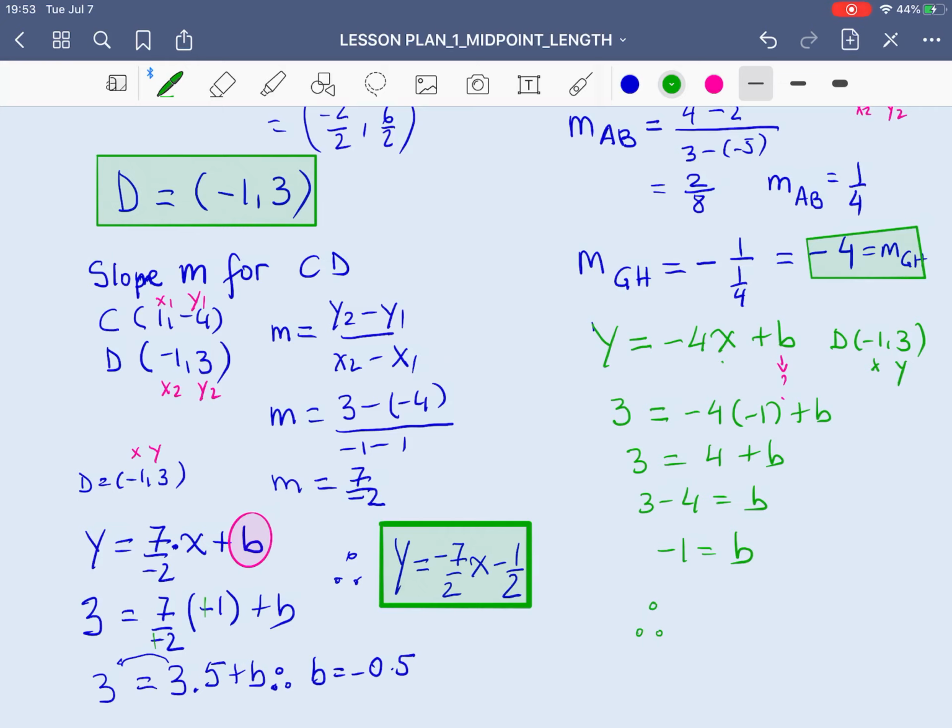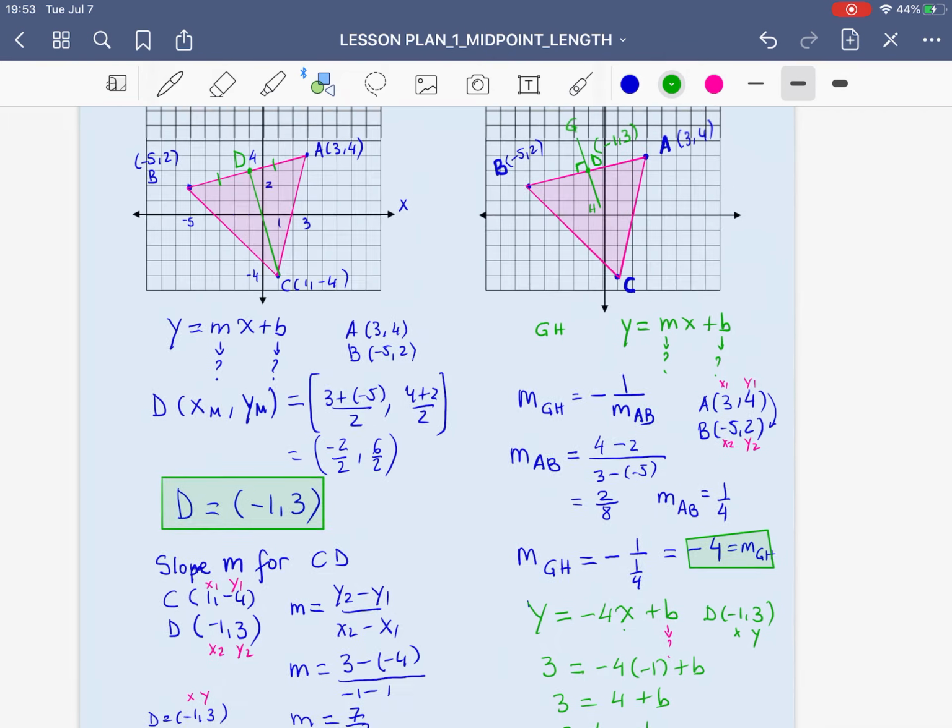So therefore, we're going to say that the equation of GH is y equals -4x minus 1. Okay, and we're done.